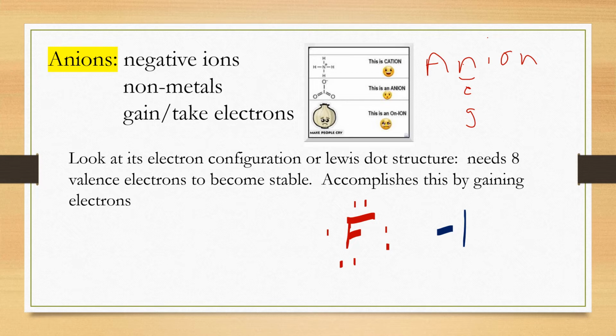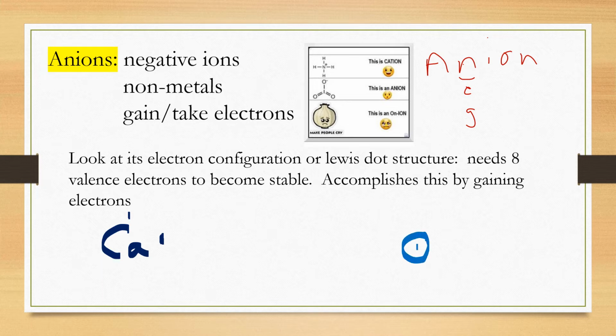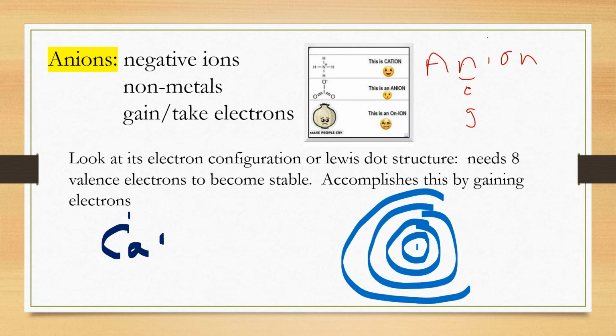Let's look back at the cation too. So let's look at calcium here. And calcium had 2 valence electrons. And what we do, it looks like it goes down to 0, but that's not what really happens, because going back to calcium, calcium looks like this. Here's its positive nucleus, and it has 1, 2, 3, 4 energy levels.